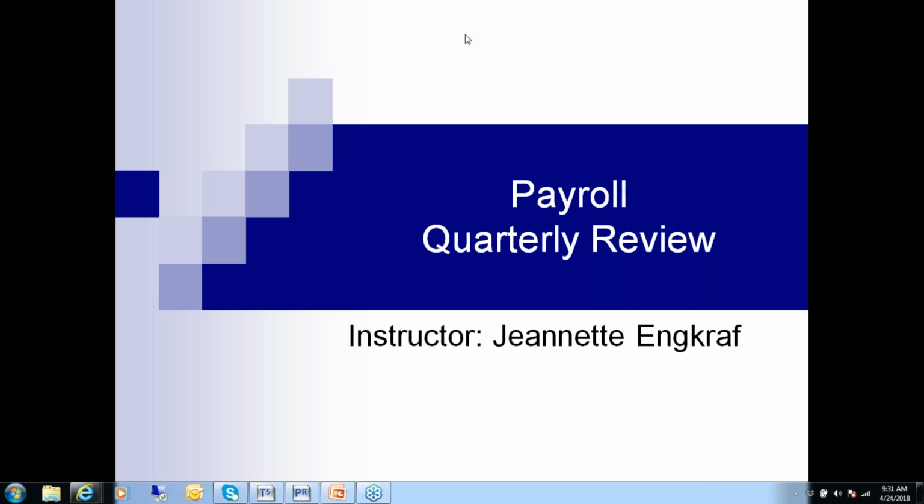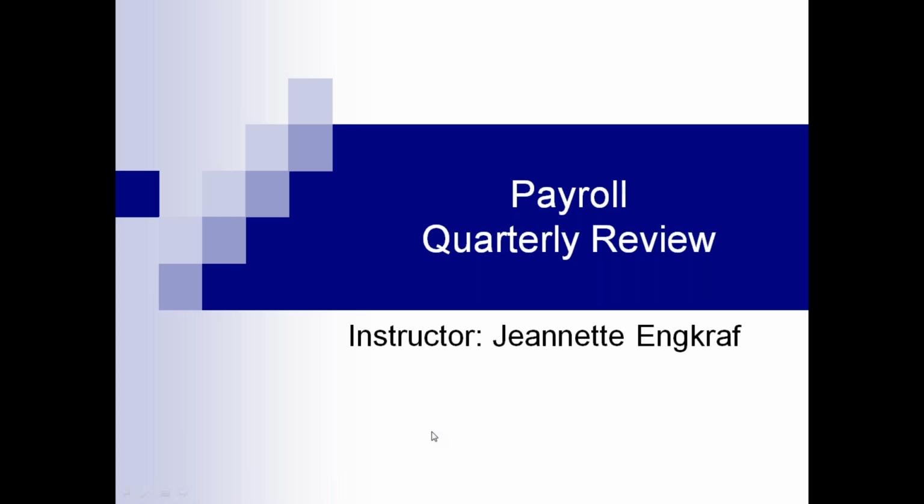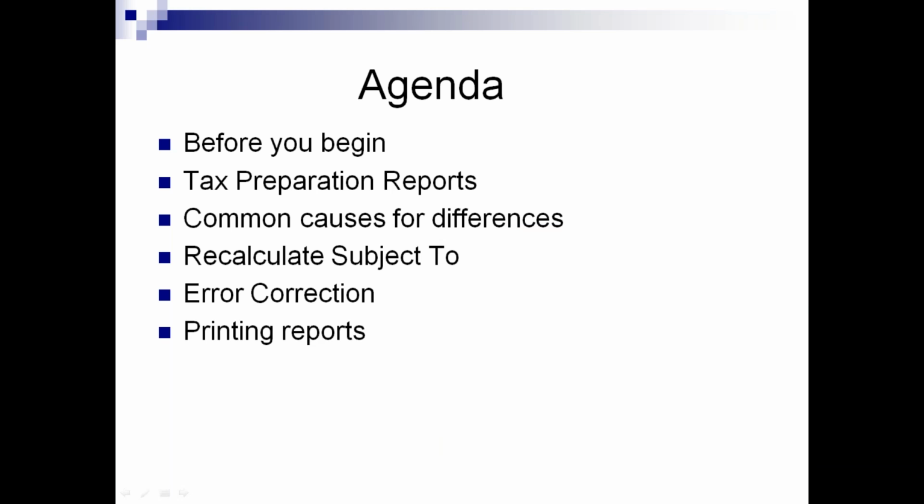tasks for payroll. So before we get started, I want to talk about a couple of things that you need to make sure that you do before you actually begin the quarter end. We're going to talk about getting all the information in, making sure you're on the right version. We're going to take a look at the tax preparation reports provided by Sage.